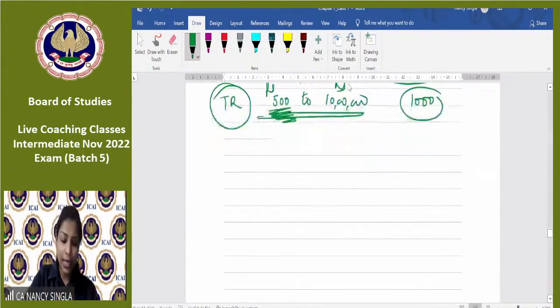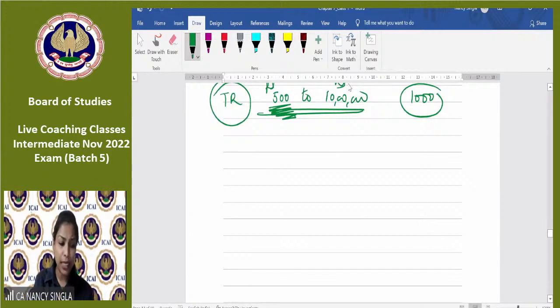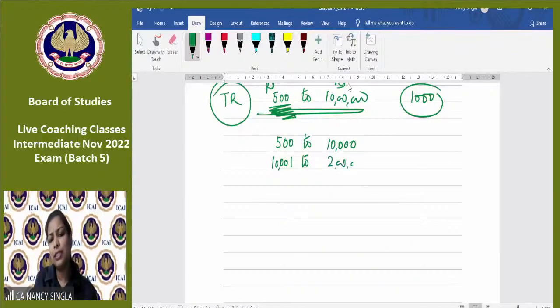So what I can do as an auditor is divide it: from 500 to let's say 10,000, there is one group. From 10,001 to let's say 2 lakhs, there is another group. From 2 lakh 1 to let's say 5 lakhs, another group. From 5 lakhs 1 to 7 lakhs, another group.